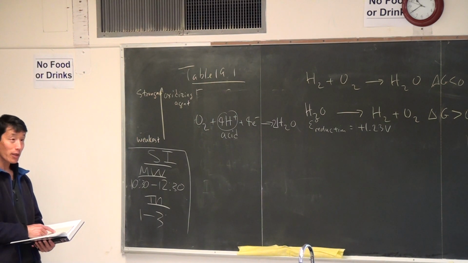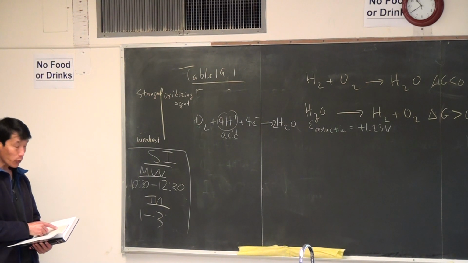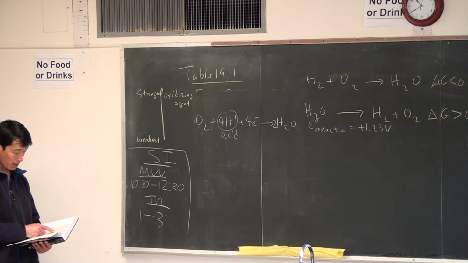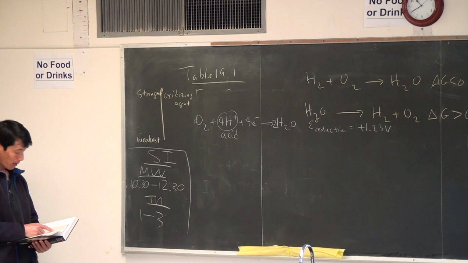What's the reduction potential? Plus 0.96. Well, this will work, but are we going to have nitrate ion in solution? No, so let's not use that one because we're not going to have nitrate in solution here.